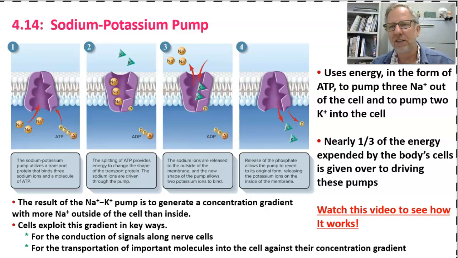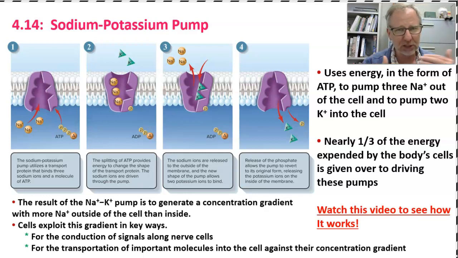And basically this pump is moving, for every 3 sodium ions that are moved out of a cell from low to high concentration to build a gradient, 2 potassium ions that are moved inside the cell from low to high concentration.